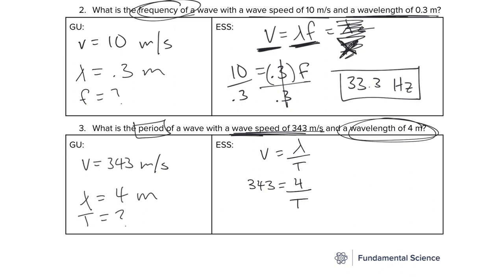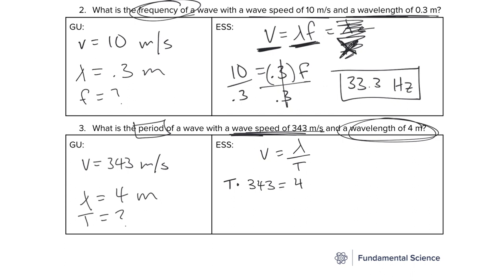So the way I'm going to show you is to get t out of the bottom. It's currently being divided, so what we're going to do is multiply both sides by that t. When you do that, these ones cancel, so you end up with this other equation. I'm going to go ahead and erase those that got canceled. You end up with t times 343 equals 4.